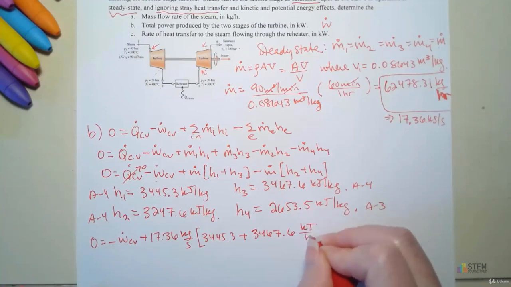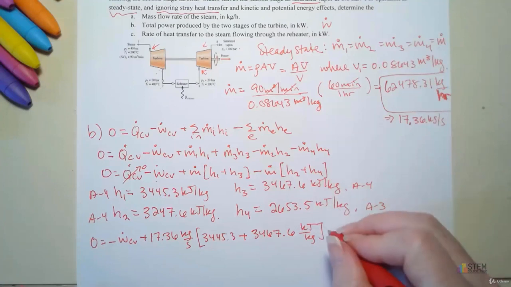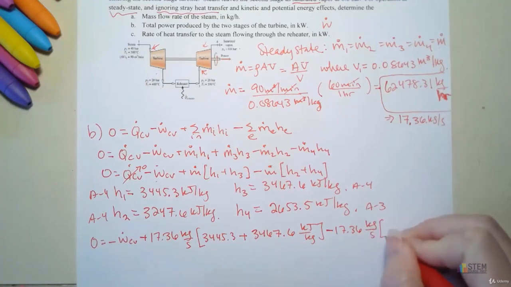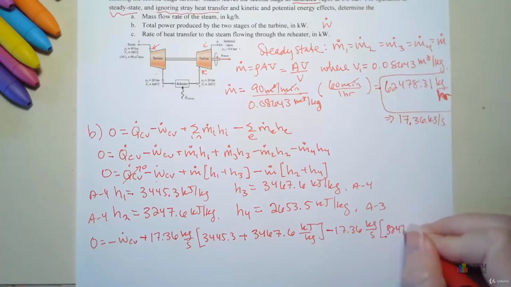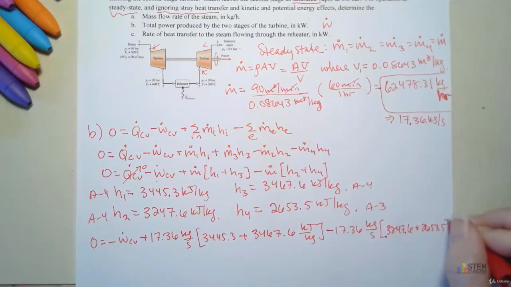Both of these are kilojoules per kilogram. Then we're going to subtract the outlet terms. So we'll have minus 17.36 kilograms per second times (H2 plus H4). So 3247.6, and then plus 2653.5. And these are both kilojoules per kilogram also. So now you're left with that.